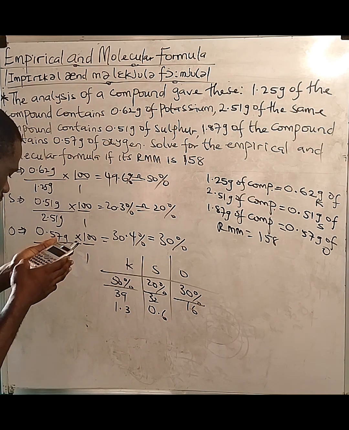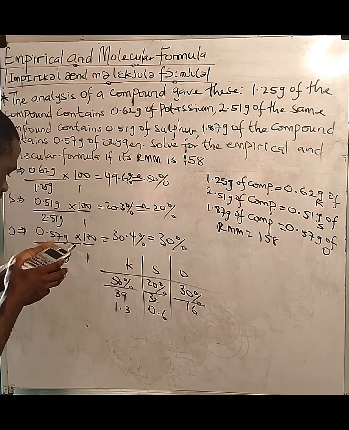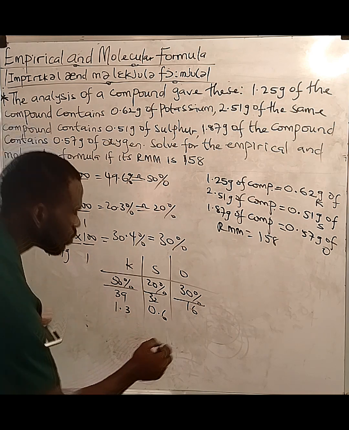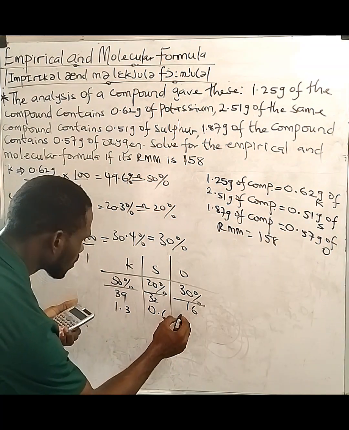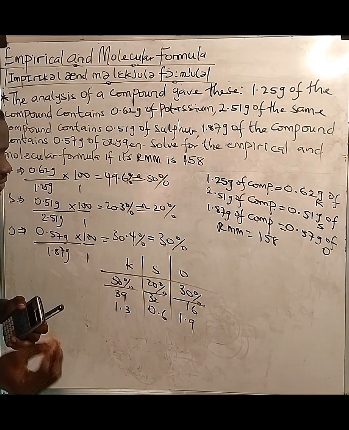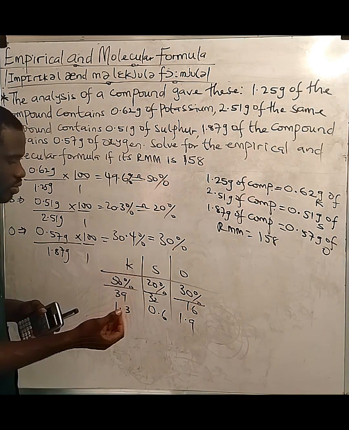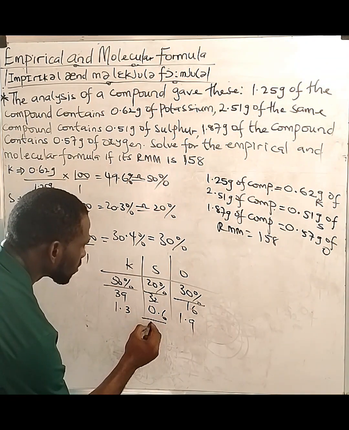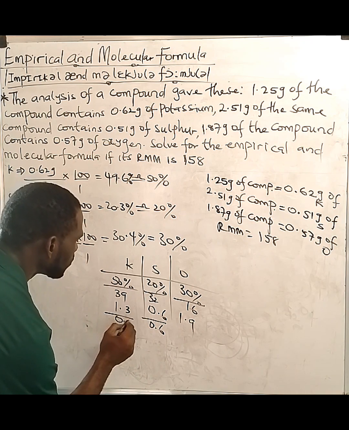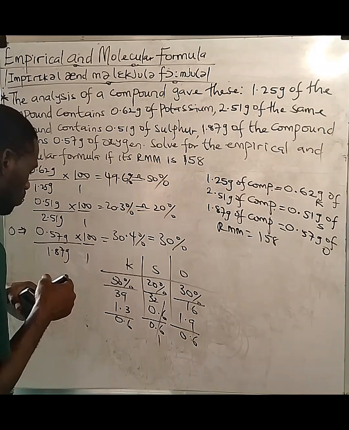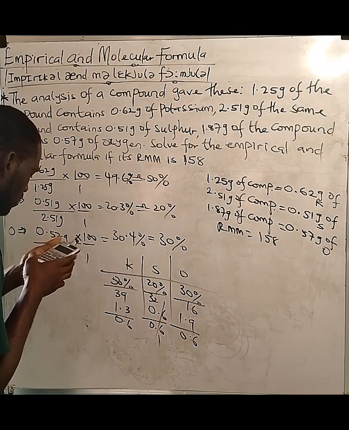And 30 divided by 16 will give us 1.875, which is approximately 1.9. So we're going to use the least of all of them to divide all through. What's the least? 0.6 is smaller than the other two, so 0.6 divides all through. So 1.3 divided by 0.6.